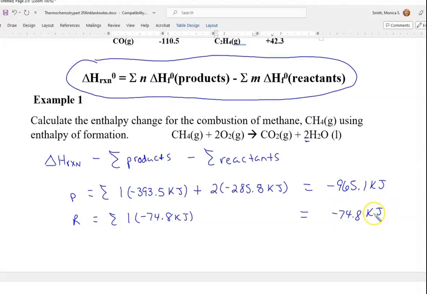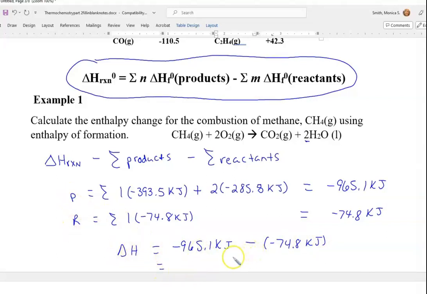Now, to solve this, it is the products minus the reactants, so negative 965.1 kilojoules minus the negative 74.8 kilojoules. You don't have to rewrite it; I'm just doing it for emphasis here because it's products minus reactants.